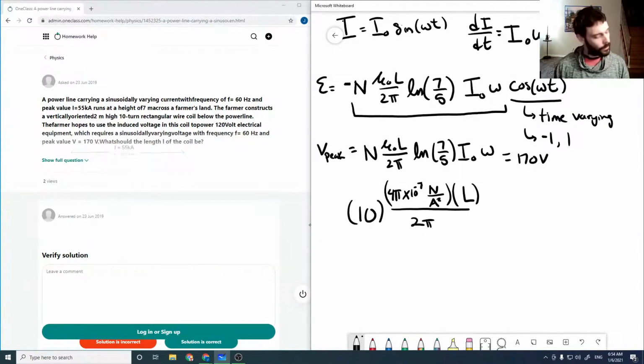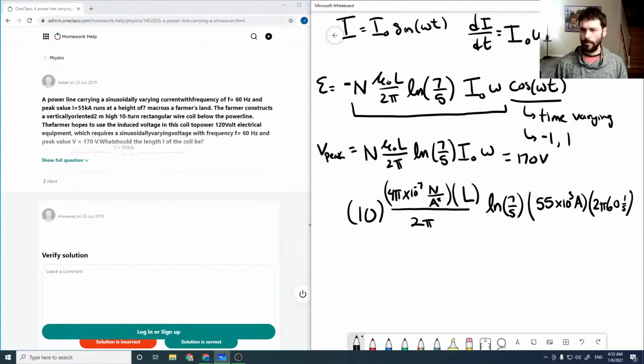Over 2 pi, ln of 7/5. And then our current is given as 55 kiloamperes, so times 10 to the 3 amperes. And our omega is 2 pi times 60 per seconds.